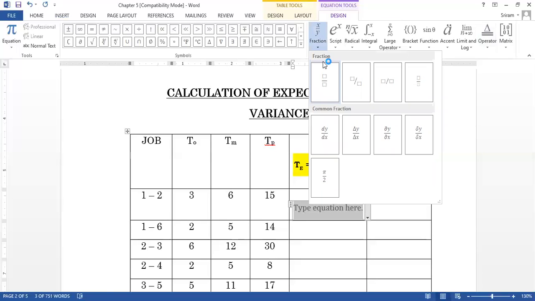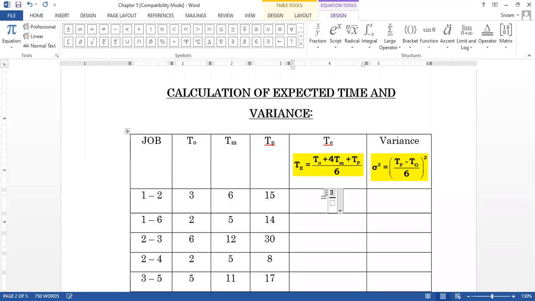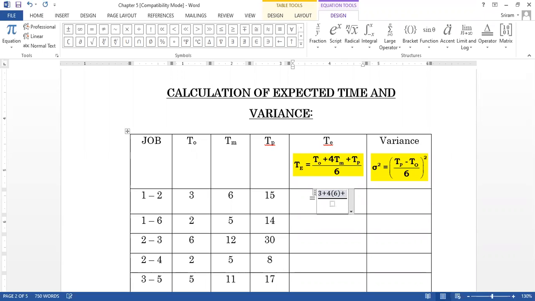I am going to apply the rule: T naught plus 4Tm plus Tp divided by 6. The first value is 3, the second value is 6, so 4 multiply 6, plus the third value is 15.